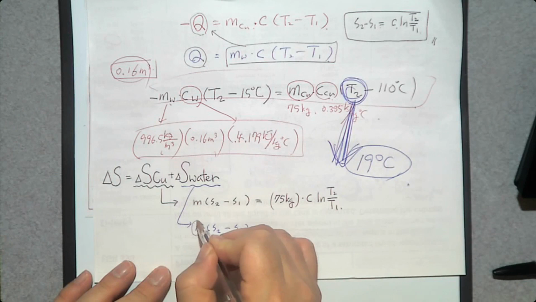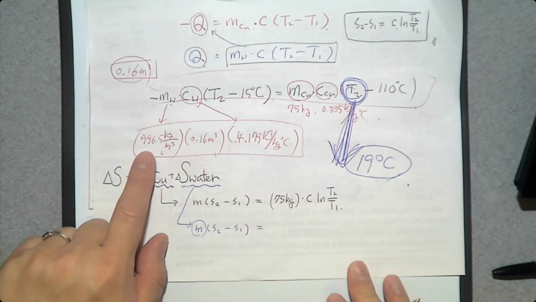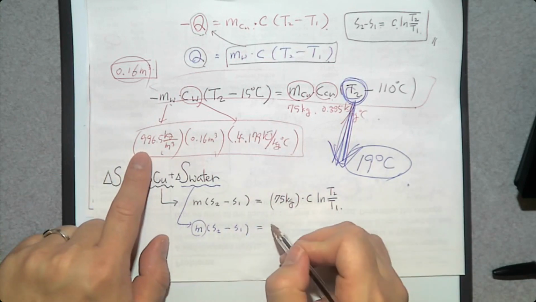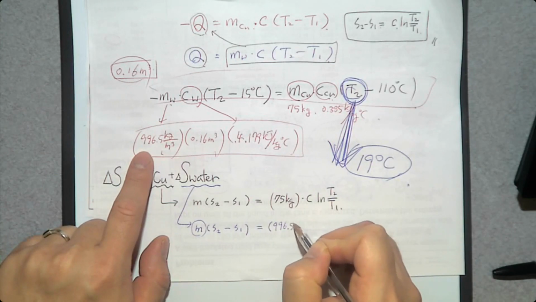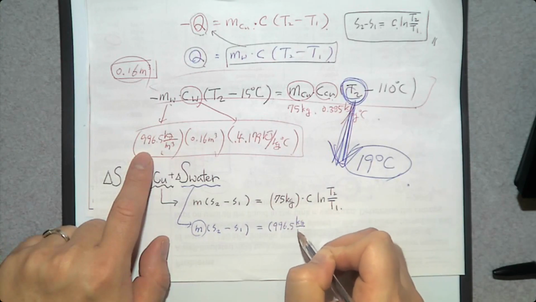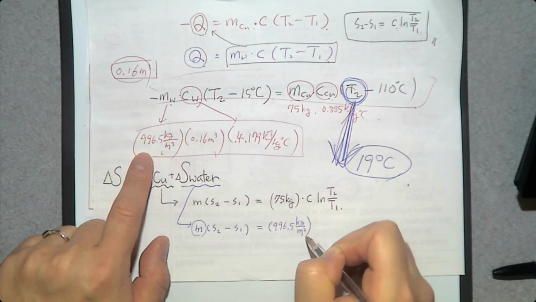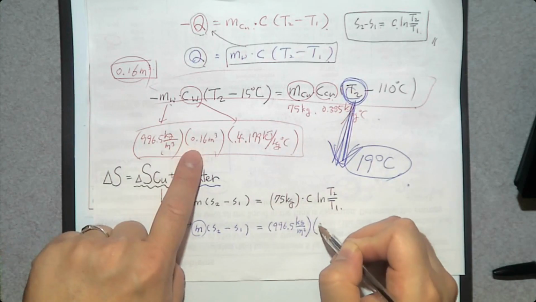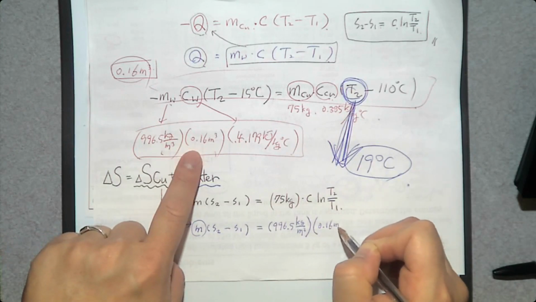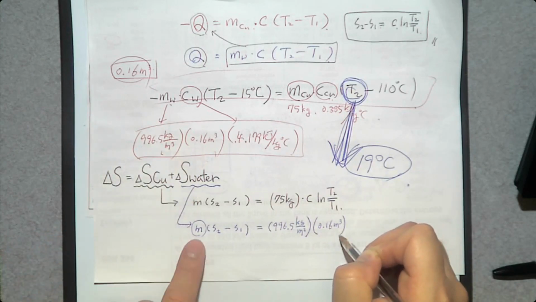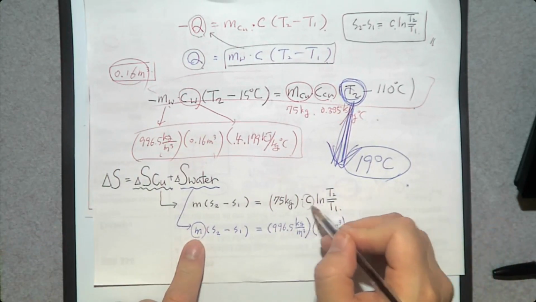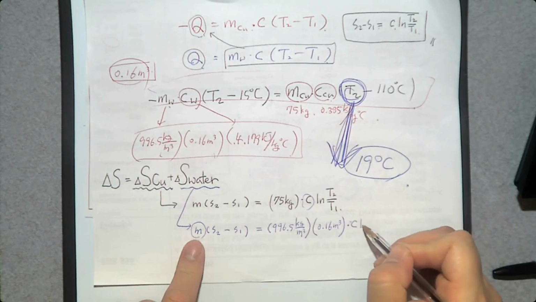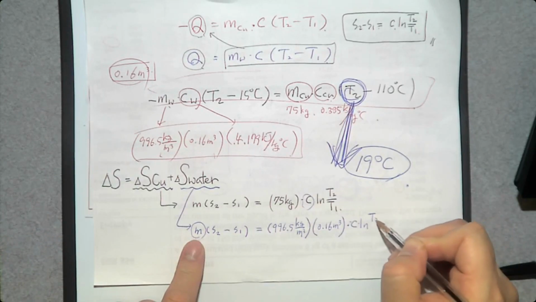The mass of water can be calculated by the density, 996.5 kilograms per cubic meter, times the volume 0.16 cubic meters. So that's how we can determine the mass of water, multiplied by specific heat C times natural log T2 over T1.